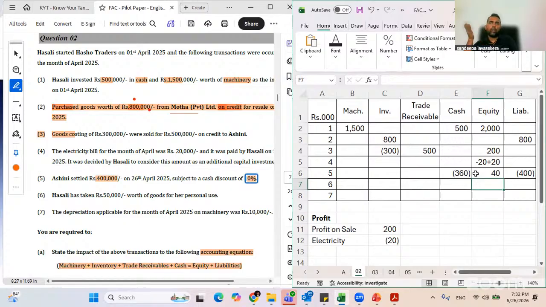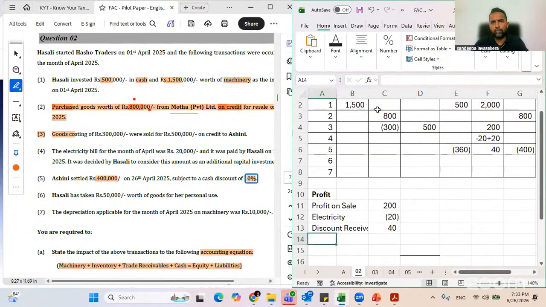So you don't have to give cash 400. You have to give only 360. So cash comes down by 360, but they are waiving off 400 entirely from the credit balance. So you have been benefited by 40 rupees. Discount received 40.